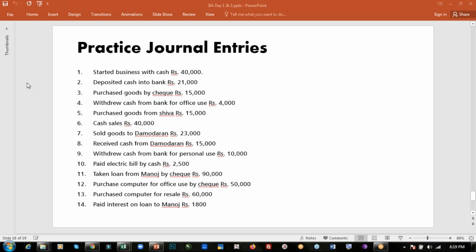But if a payment method is given, like by cash or by check, we will record the cash and bank only. But here it is not given, so we will treat this as a credit purchase. For that reason, Shiva will be our sundry creditor and go for the credit. Purchase account debit to Shiva account will be the transaction and journal entry. If you guys have any confusion in this, please ask.